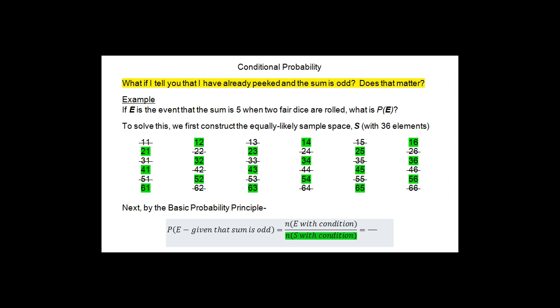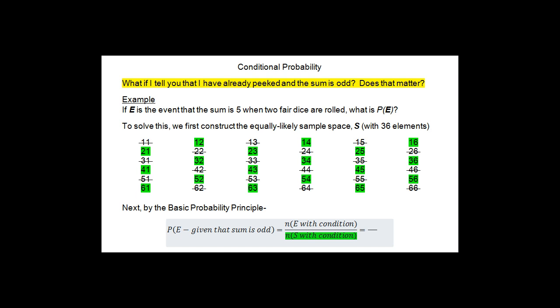Then my answer will still be by the basic probability principle, but those numerator and denominator values may change because the sample space changed. So it's very likely that these numbers will change.